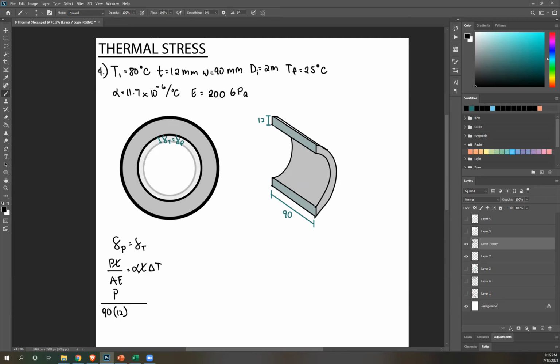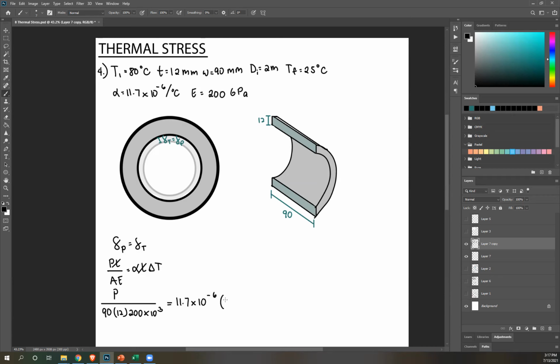Then E is 200 GPa, convert to MPa, times 10 raised to 3. And then equate, alpha is 11.7 times 10 negative 6.